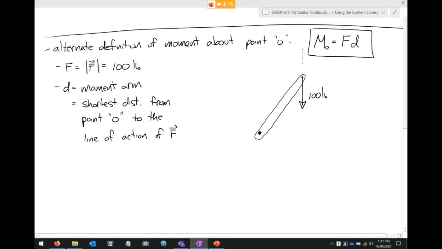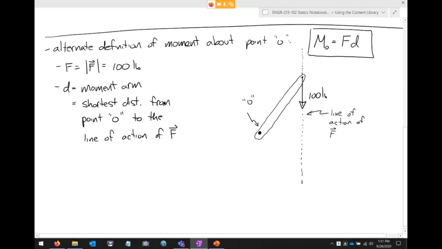That line of action extends up and down forever. And so my question for you is, what is the shortest distance from point O to the line of action of F? Like, how do we draw the shortest distance?